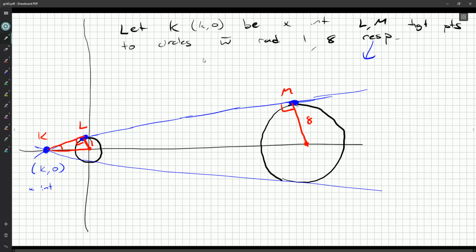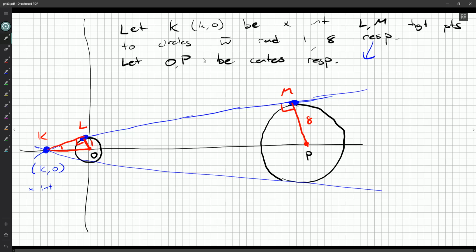Okay, so this has got to be the origin, O. Let's say P. So let O and P be the centers again respectively, so 1 and 8.